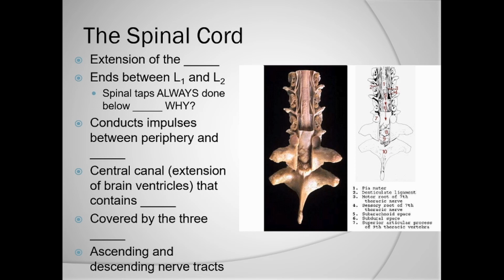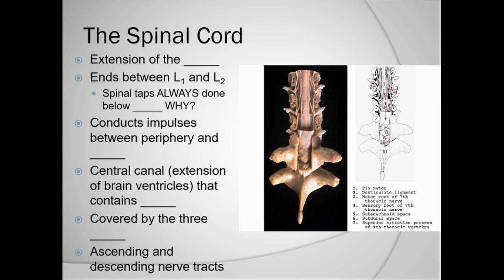And anytime they want to remove any cerebrospinal fluid, like let's say they're checking for meningitis, or they're looking for some kind of pathogen in the central nervous system, they're going to remove cerebrospinal fluid and then examine it under a microscope. Well, where are they going to go to get it without damaging you or causing paralysis? They're always done below L3.